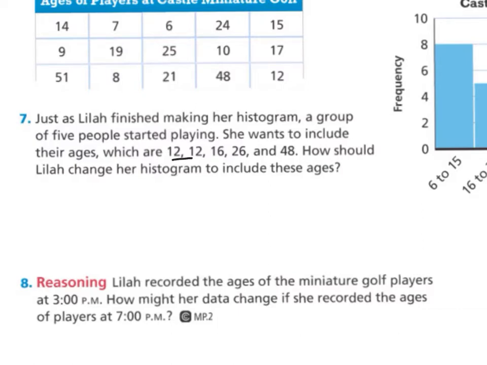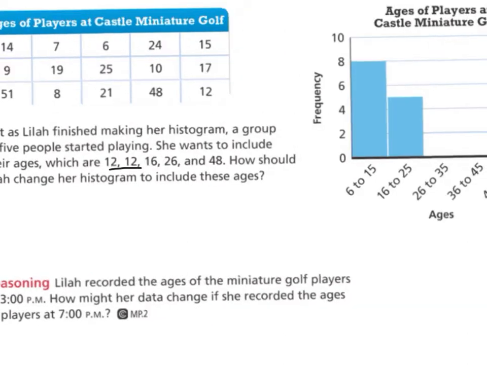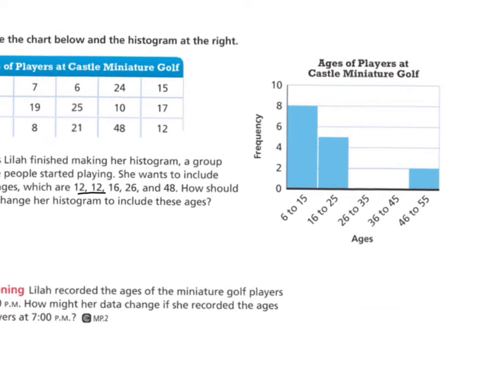So 12 and 12, those would both be in the 6 to 15 group. So we would just increase that bar by 2, up to 10. We got a 16. Would increase this by 1, up to 6. 26 would actually give us a bar.